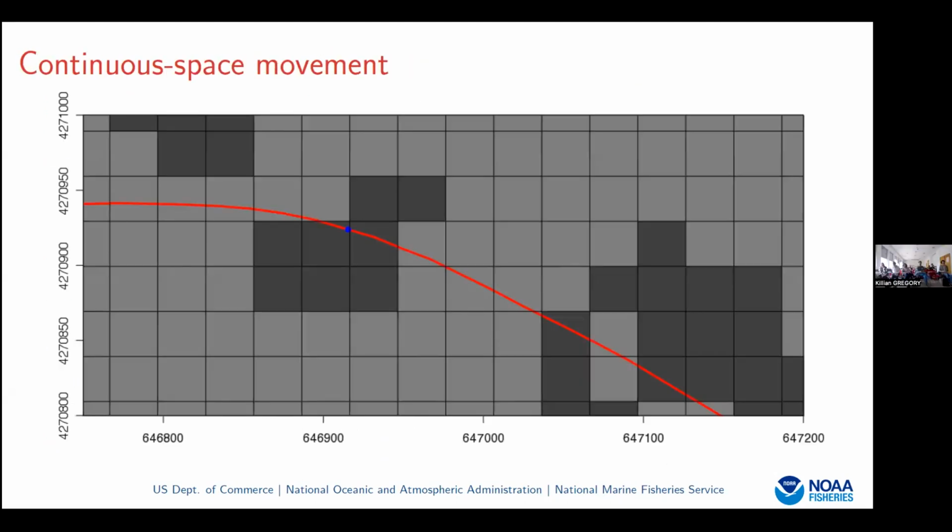Okay. So this is what we were trying to do, right? Here's our blue dot, here's our observed location. We were trying to make inference about this path going through.